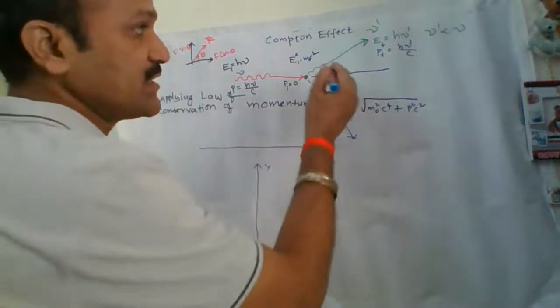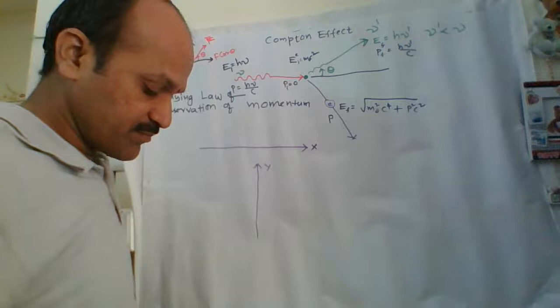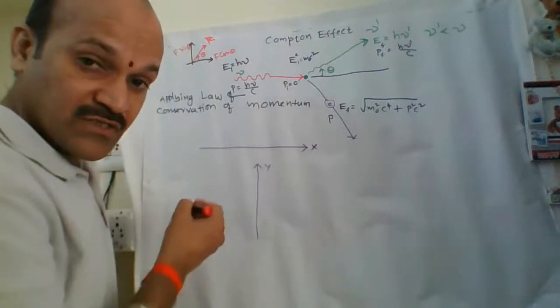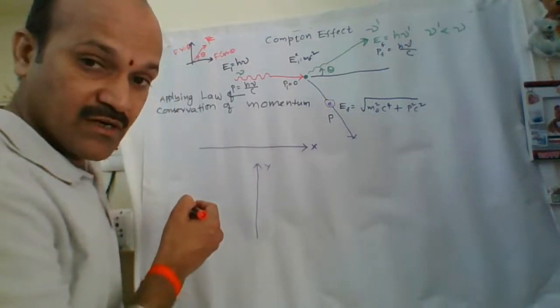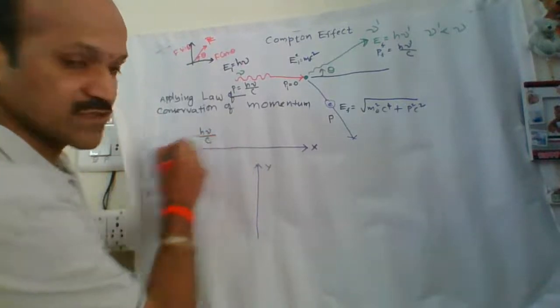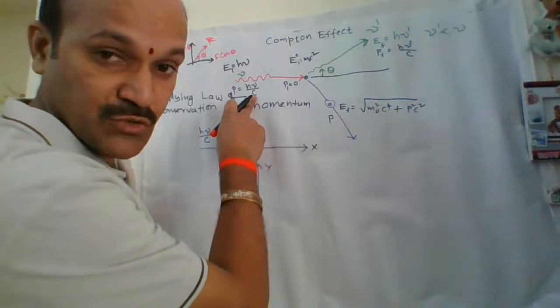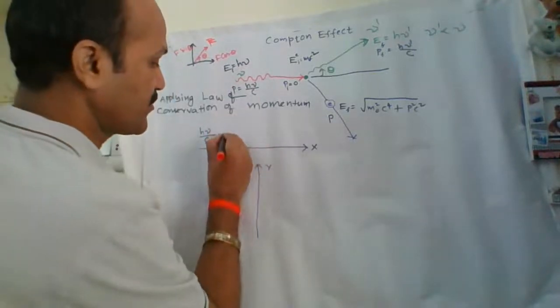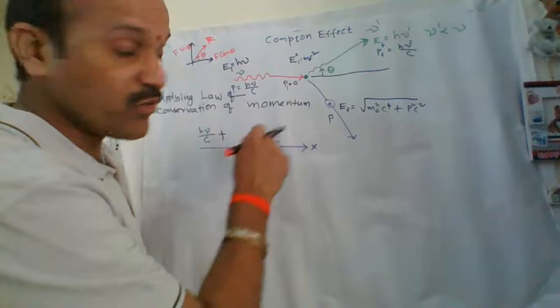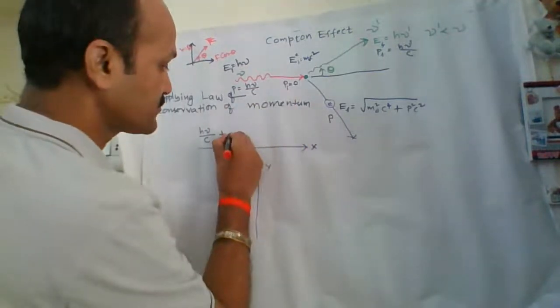While writing the equation, I will explain. Before collision, what is the momentum of the photon? h nu by c. Before collision, what is the momentum of the electron? Zero.